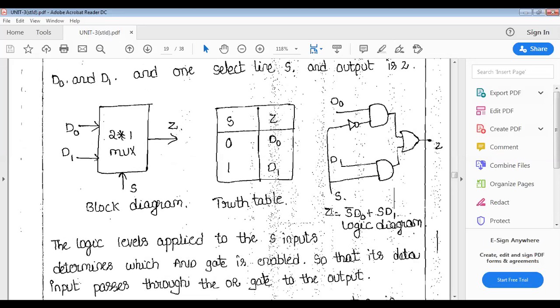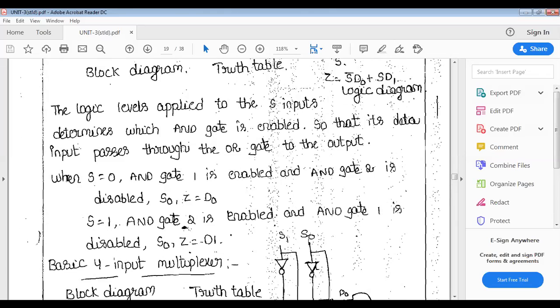Like that, we get for the selection line S equal to 0 and S equal to 1. When S is equal to 0, AND gate 1 is enabled and AND gate 2 is disabled, so Z is equal to D0. Whatever the data in D0, the first input, will get to the output side. When S is equal to 1, AND gate 2 is enabled and AND gate 1 is disabled, because the inverter output is 0.